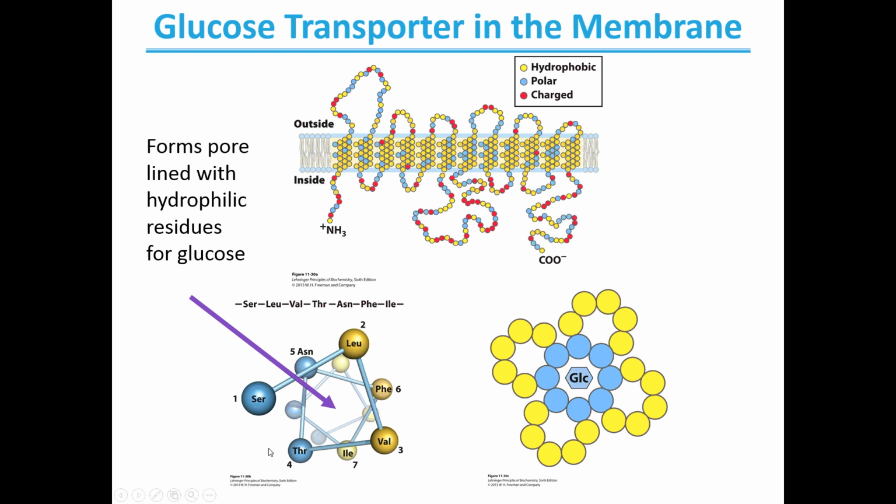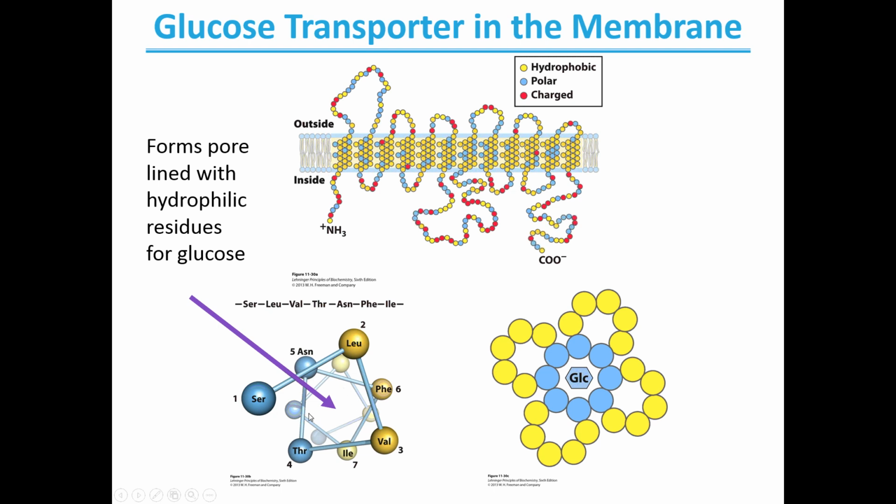But if we look down one of the alpha helices, what you can see is that the alpha helix forms so that the nonpolar amino acids are on the outside of the helix interacting with the nonpolar hydrophobic fatty acid tails, and it forms a little pore.